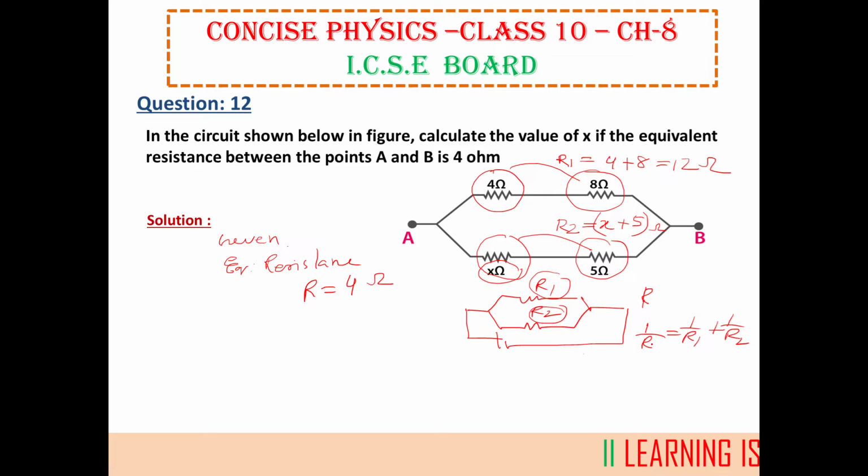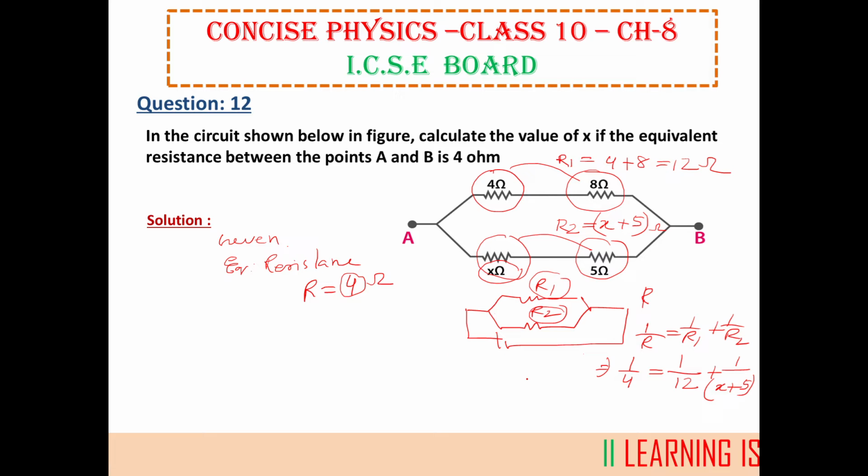So 1 by R, the value of R is given, this is 4. So we can put it here, 1 by 4 equal to, we know 1 by R1, we know the value of R1, it is 12, and 1 by R2 is x plus 5.